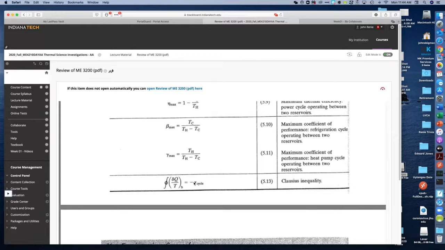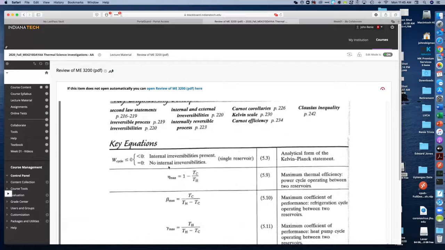Sigma cycle is defined as the production of entropy, a magnitude. The sigma is a positive number. Negative means it's the negative of that positive number. So the Clausius inequality basically tells us that this integral is equal to some value associated with the production of entropy. If the production of entropy for the entire cycle is equal to 0, then the term on the right hand side is equal to 0, and we have a reversible cycle occurring. So no internal irreversibilities.